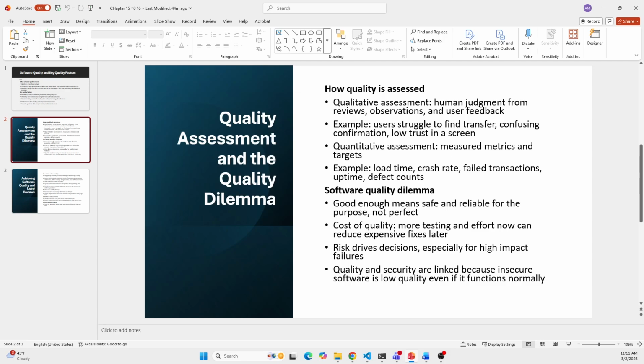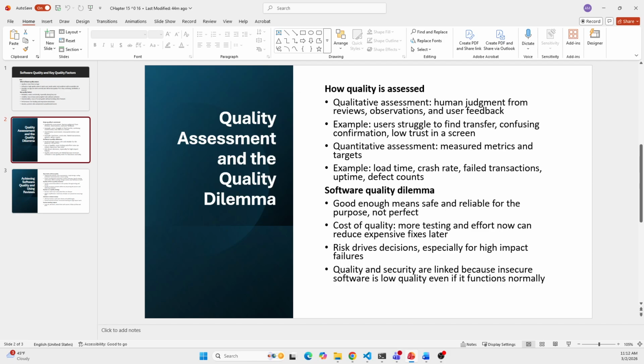And then we have quantitative assessment. Quantitative assessment is based on numbers. It answers, can we measure quality? It uses metrics like speed, error rates, uptime, defect counts, security indicators. Like in the banking application, you measure login success rate, time to load account page, crash rate, number of failed transfers, so things like that.